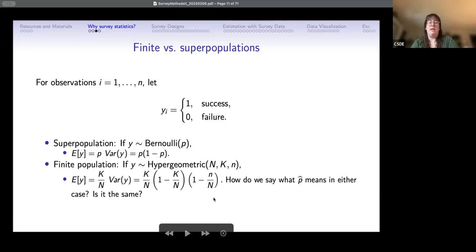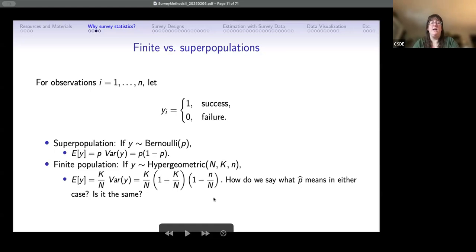In the finite population case, this estimate of prevalence is really an estimate of prevalence in a population at a time and place. We're saying, what was the prevalence in Washington state at the date of the survey, right? So from this finite population perspective, we're estimating a different thing altogether.